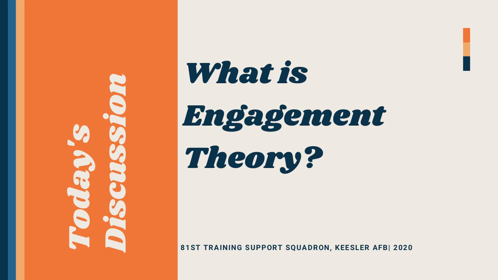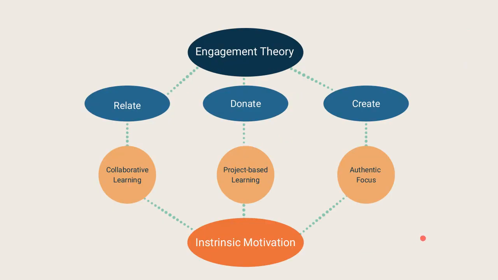So there's 3 components that really summarize this theory, and we call them relate, create, and donate. And they imply that learning activities generally occur in a group context, they are project-based, and they have an outside, authentic focus. So let's look at what this model looks like. So our first principle that you see over here on the left is relate.